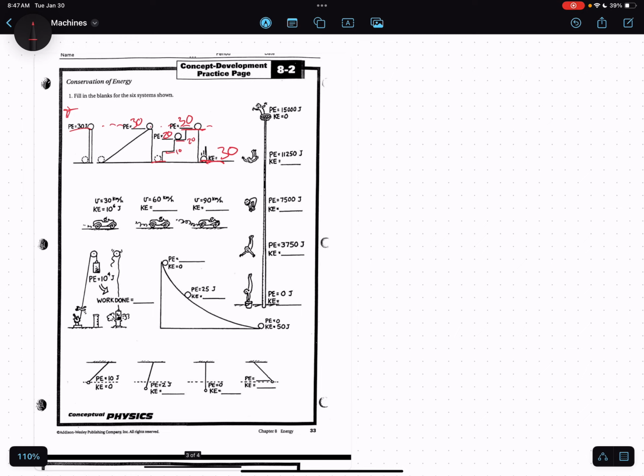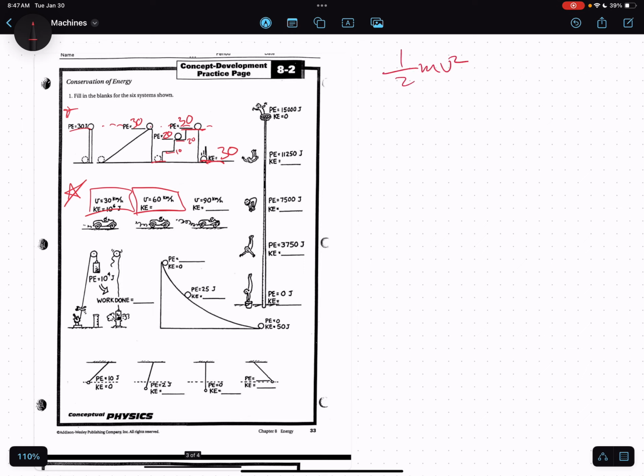Okay, let's do the car one. This is the only one that's slightly confusing, I'd say, in this whole thing. So we're going to look at this. It says that the velocity is 30 and the kinetic energy is 10 to the 6. Okay, if you were to double the velocity, well, I want you to notice something.